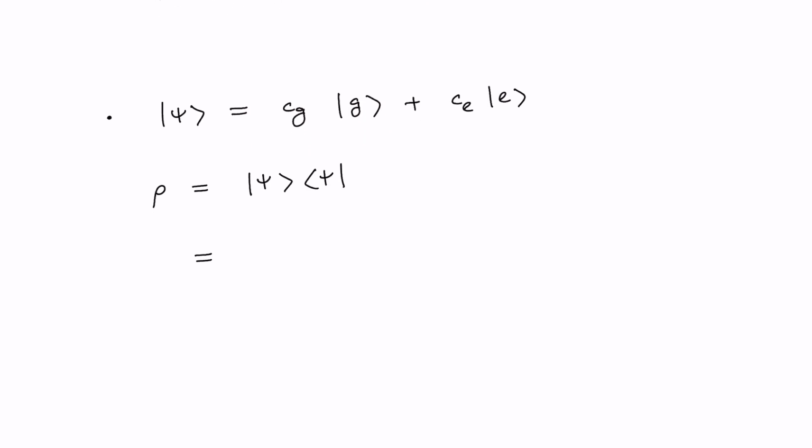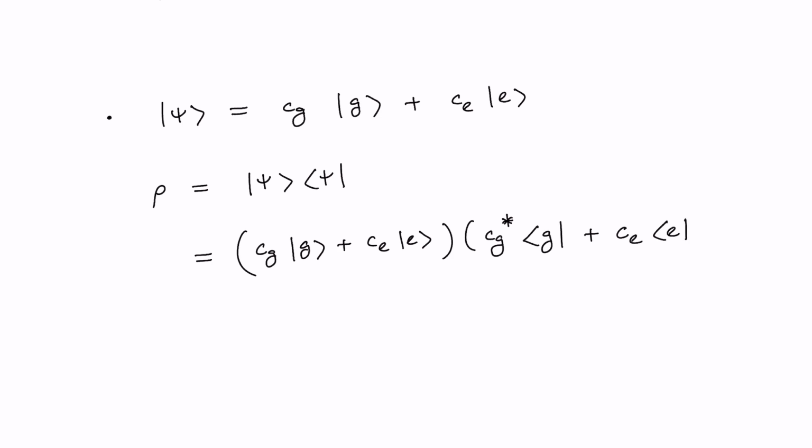Let me expand it. So |psi> is c_z|z> plus c_e|e>, and <psi| would be the complex conjugate, c_z star <z| and c_e star <e|, right?